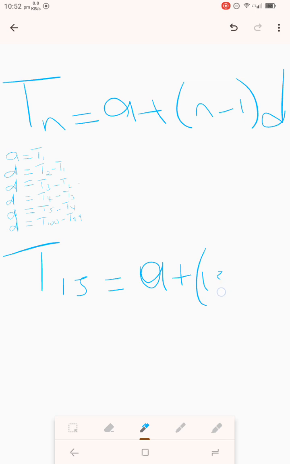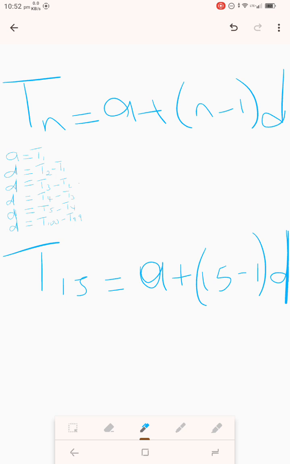You put 15, then minus 1, you close brackets. On the d, you put the d that you got. Let me write that, just d like this. If like now term 2 minus term 1 was like 2 minus 1, you know that the d is 1, so you're going to put 1 there.